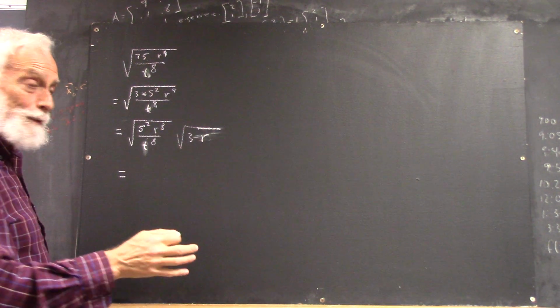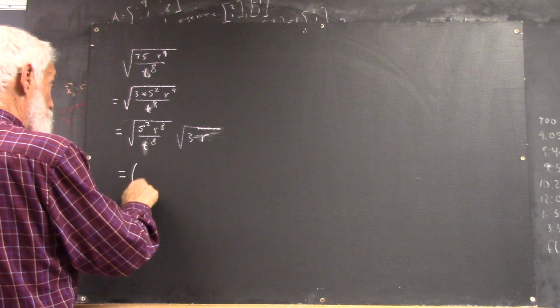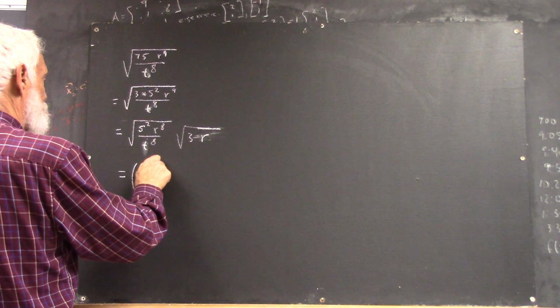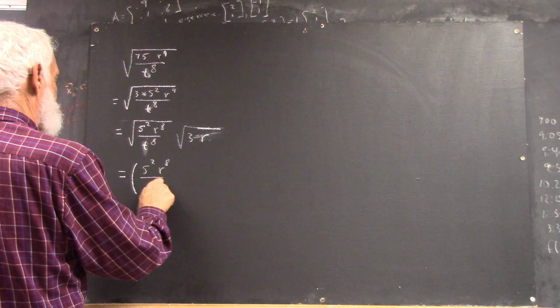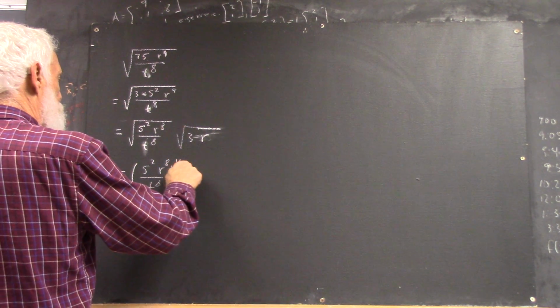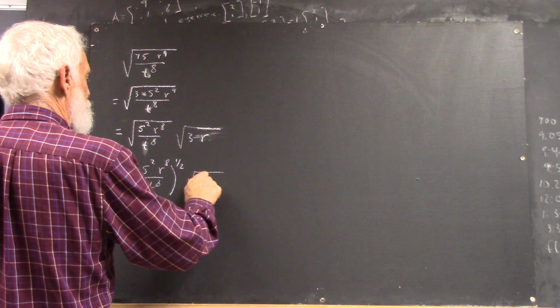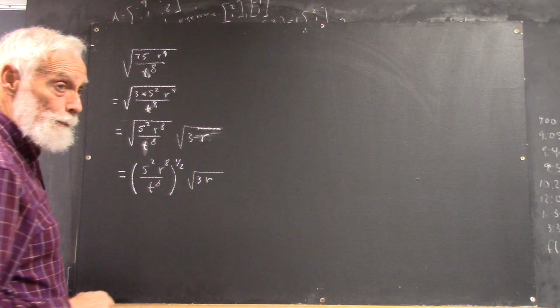Okay, so now this means, and this is a step that you probably better not skip for right now, it's this raised to the 1/2 times the square root of 3r.